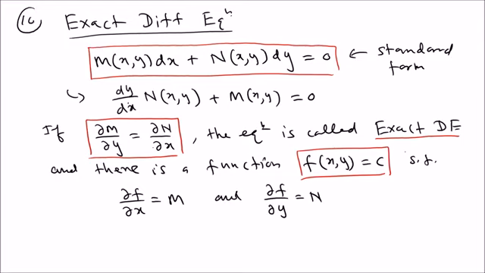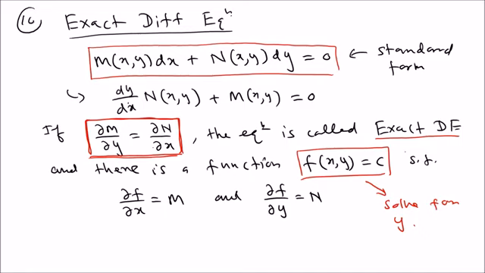So if this condition is satisfied, there is a function such that f(x,y) equals a constant c, that gives you the partial of f with respect to x equal to M and the partial of f with respect to y equal to N. If you know that function f(x,y), we solve that function for y, and that y is the solution we are looking for.